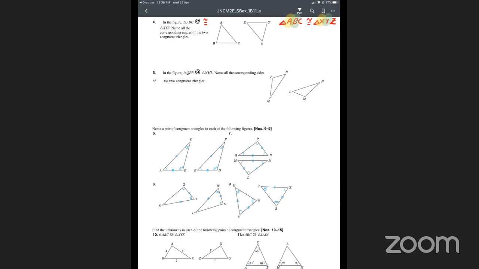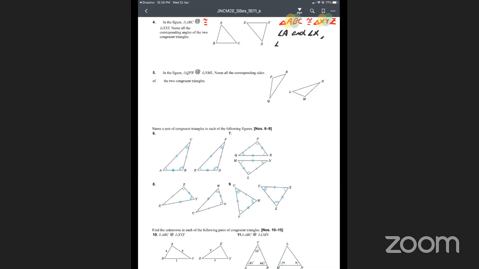Okay, and therefore in this case, you need to write down the corresponding angles. It means you have to show people which ones are in one pair. Therefore, you can write in this way. Angle A should be in pair with angle X. Okay, like that, and then you write a comma.